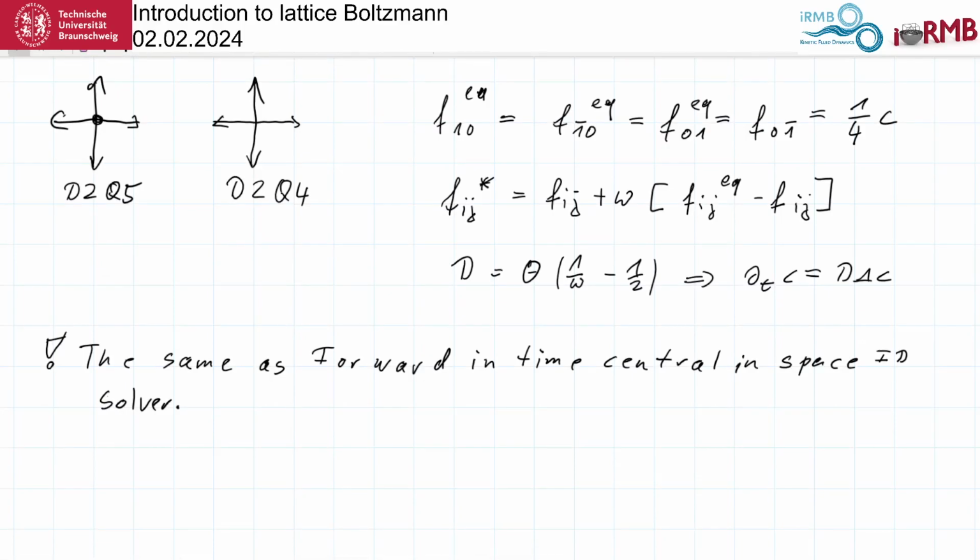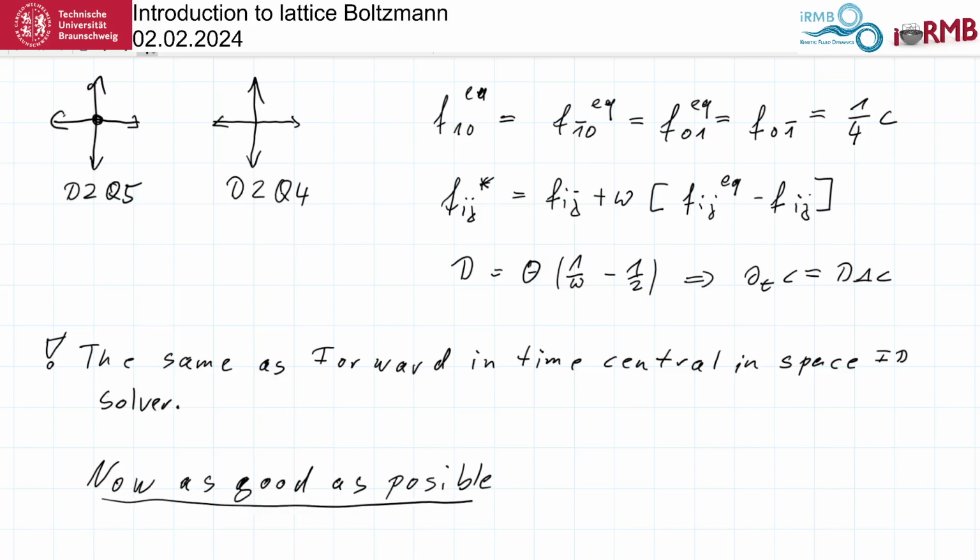Now comes as good as possible. Sounds complicated. How many is possible? 1 or 2? 2, okay, thanks. And here we use 2 relaxation times.